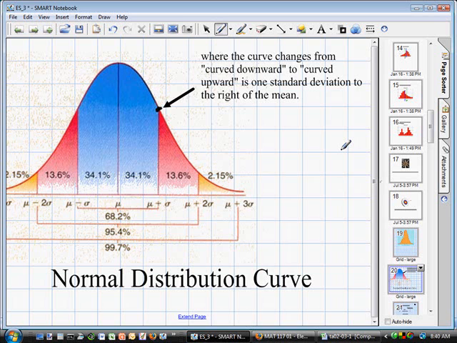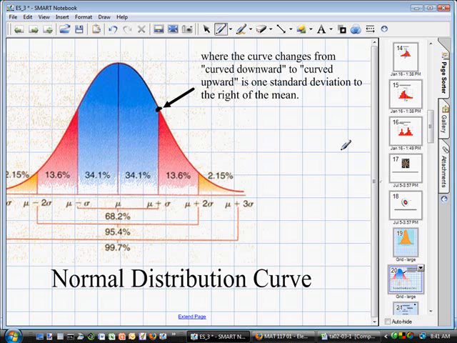It's curved downward. But obviously over here, isn't this thing curved upward? You see what I mean? This one's turning downward. Isn't this turning upward here? The question is, where does it change from turning down to turning up? And you can just about eyeball it. It's right there.